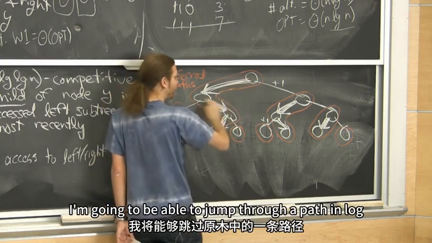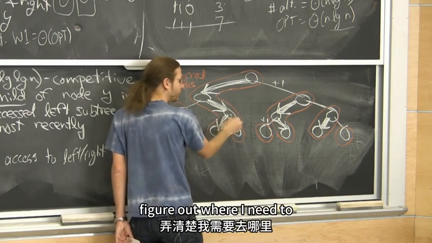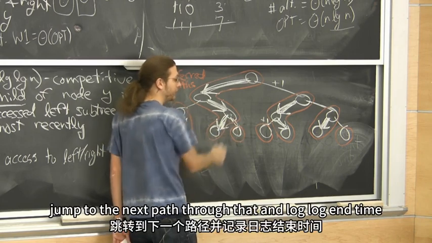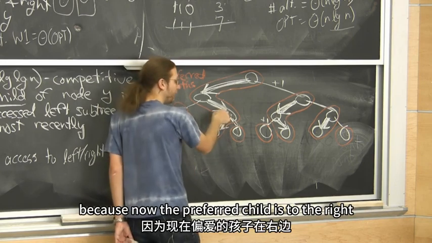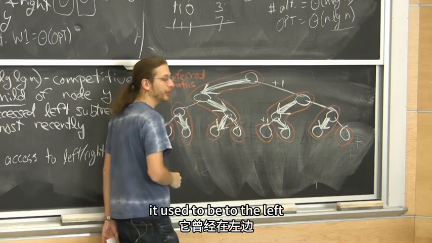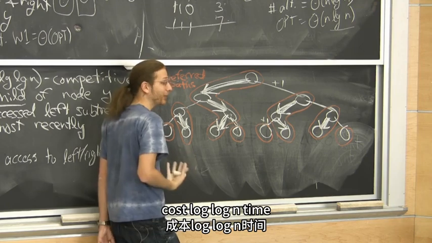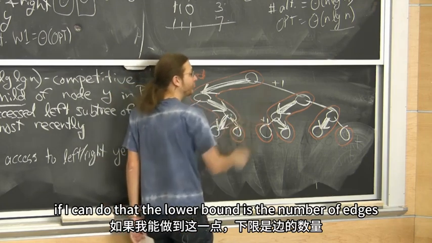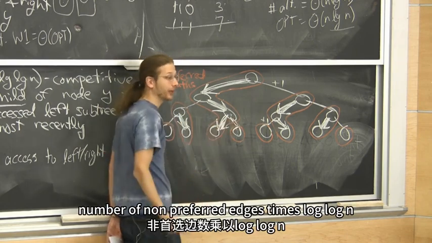I'm going to be able to jump through a path in log n time, and then figure out where I need to diverge from the path, because maybe I'm accessing this guy, jump to the next path, do that in log n time. I've got to update the path structure, because now the preferred child is to the right. It used to be to the left, so I've got to do something that will only cost log n time. If I can do that, the lower bound is the number of edges. The upper bound is number of non-preferred edges times log n.